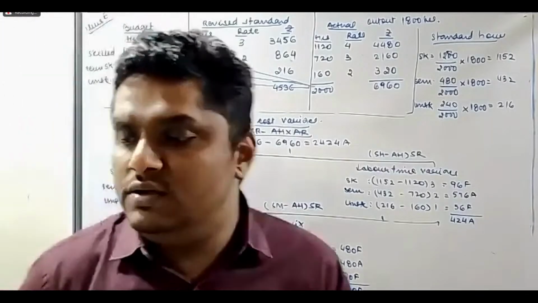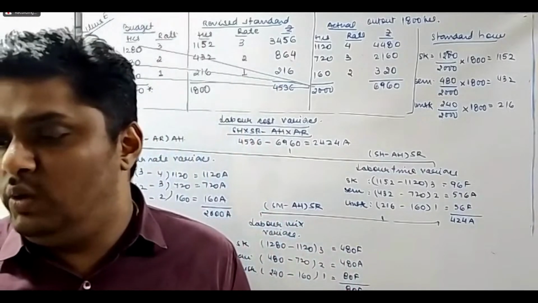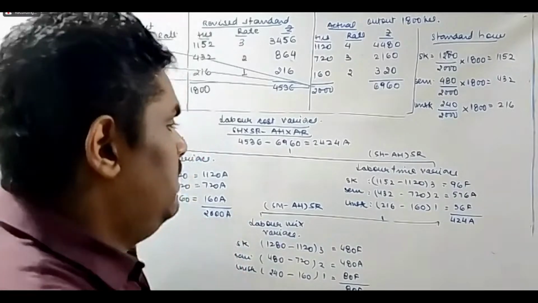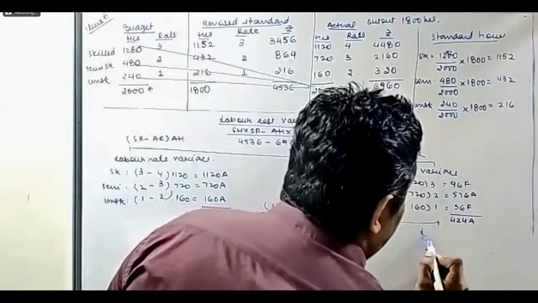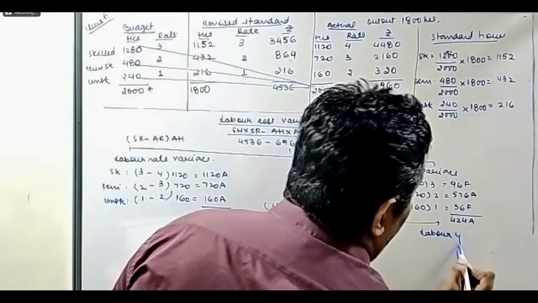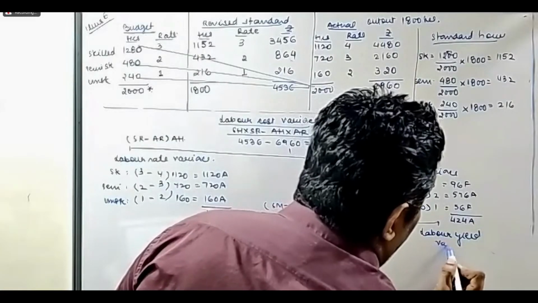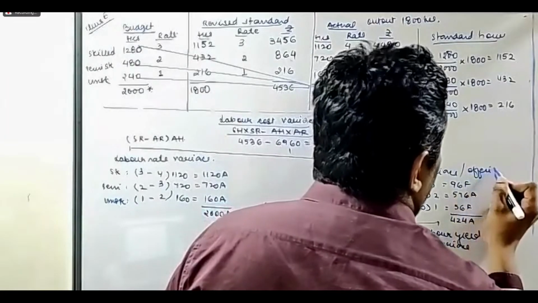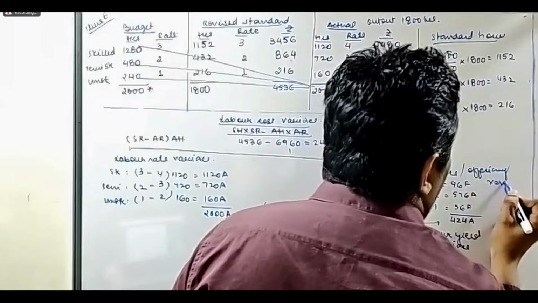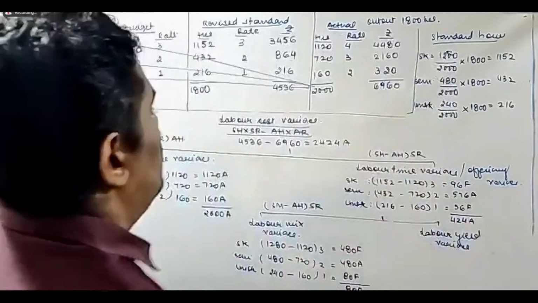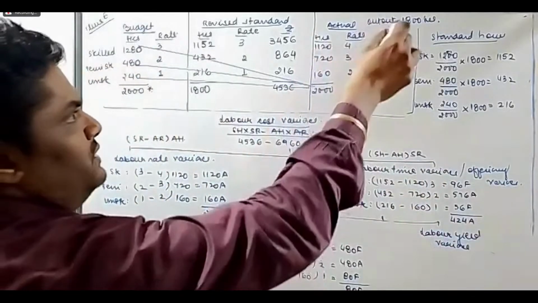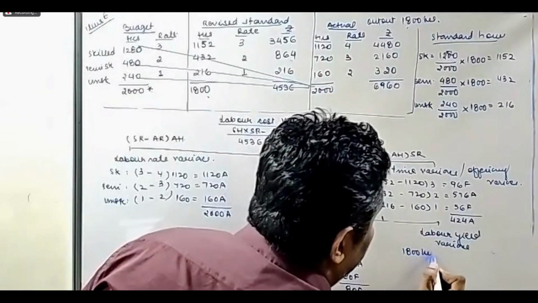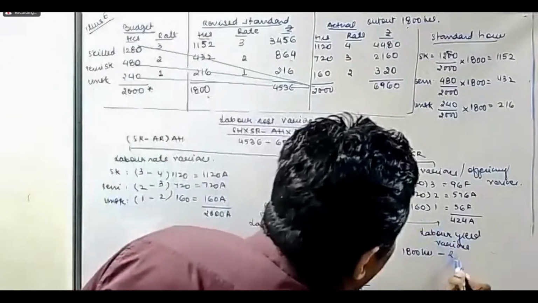If you have any doubts in this part, please post your query. Now, last is what we call labor yield variance. We can call it efficiency also. Overall, this 1800 output we should have completed in 1800 hours. But we took 2000 hours.